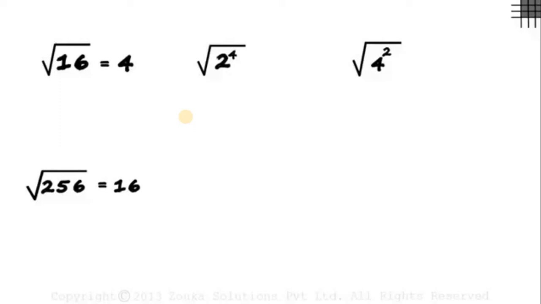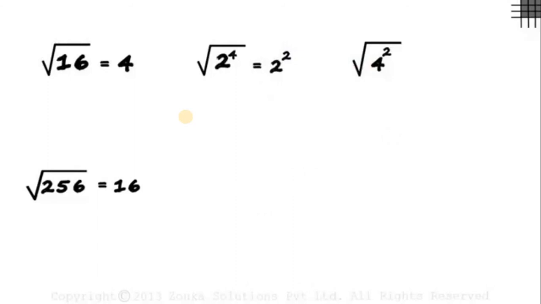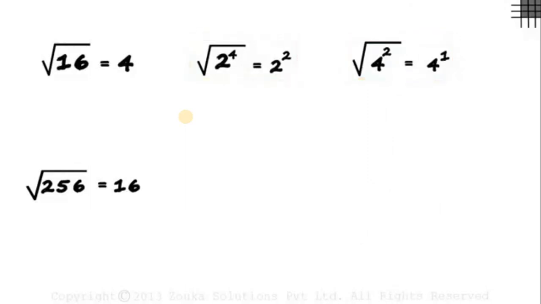Now let's try writing the number 4 in different ways. 4 can be written as 2 squared, or 2 to the power of 2. It can also be written as 4 raised to 1, or 4 to the power of 1. Now look at these.